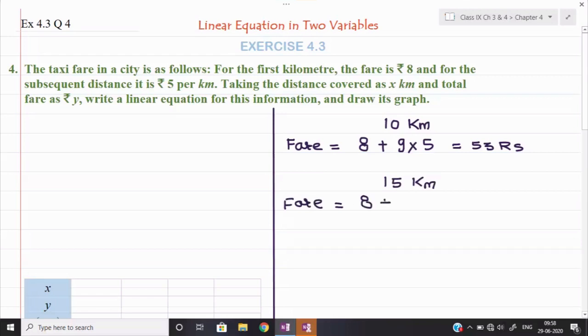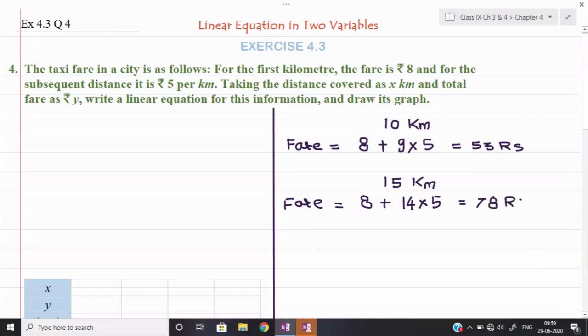You go 10 kilometers or you go 50 kilometers, for the first kilometer the fare will be 8 rupees. Now for the remaining kilometers the fare is different. How many kilometers are remaining here? 14 kilometers are remaining. For the 14 kilometers the fare is 5 rupees, so 14 into 5 is 70, plus 8, I am paying a total of 78 rupees.